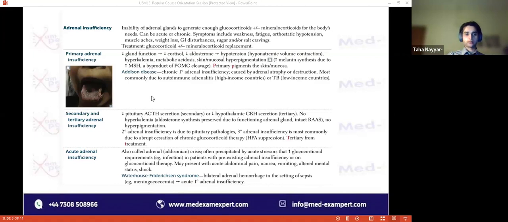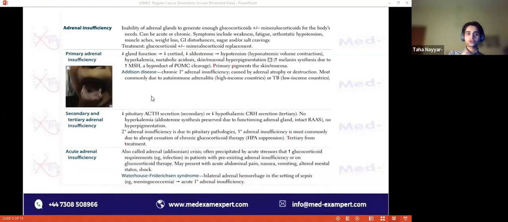And by inhibiting the hypothalamus pituitary axis, it means that the body will not produce ACTH, CRH. CRH will not act on the pituitary to produce ACTH, and ACTH will not act on the adrenal glands in the time of stress, and it will not produce the cortisol.